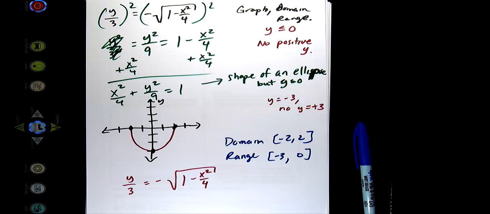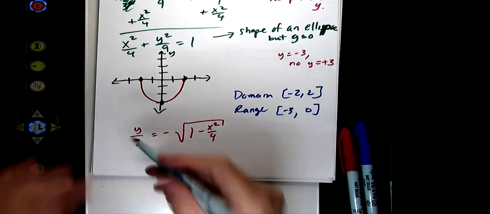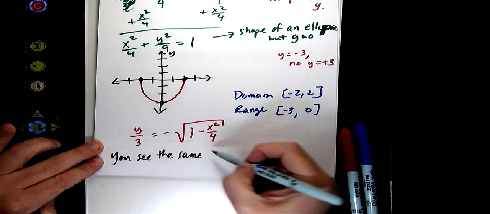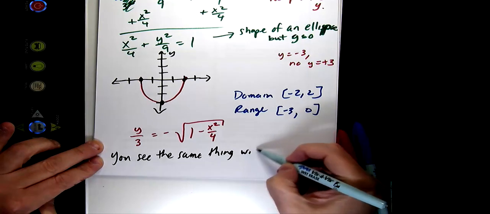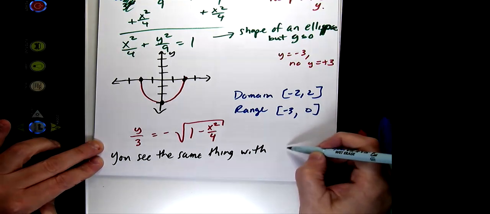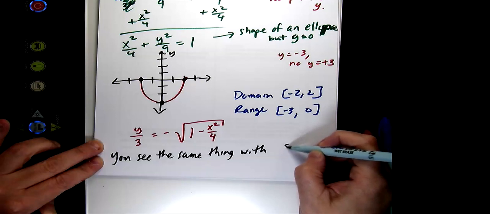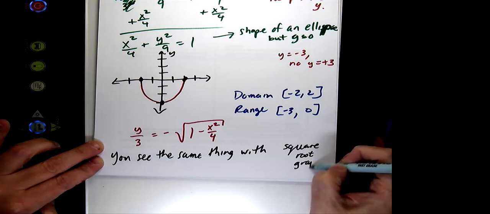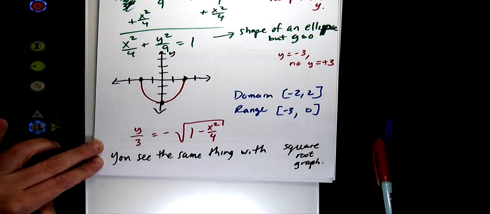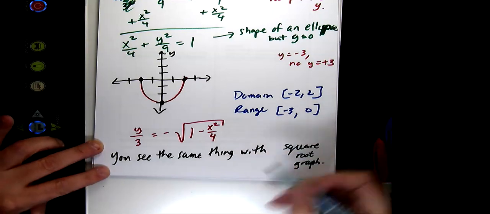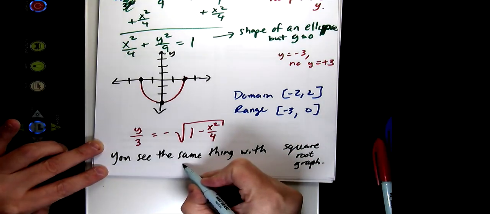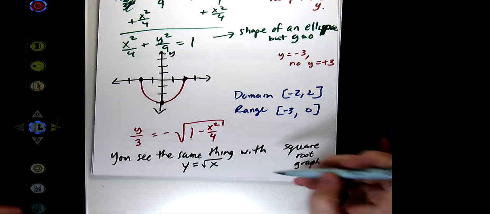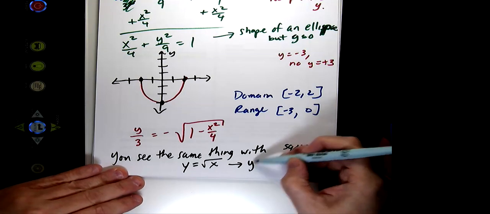We see the same thing with square root graphs. When we have y equals the square root of x, if I square this, it's y² = x.